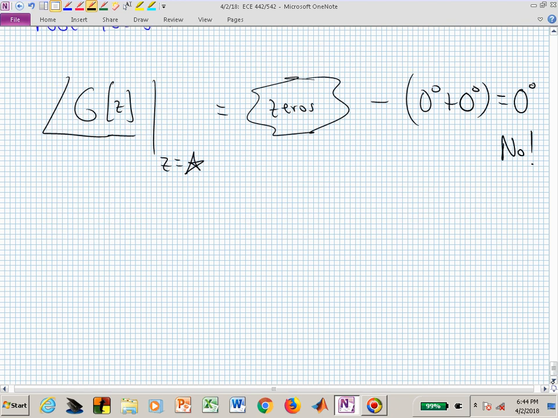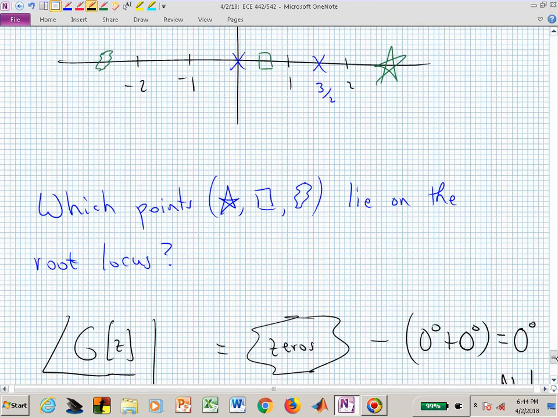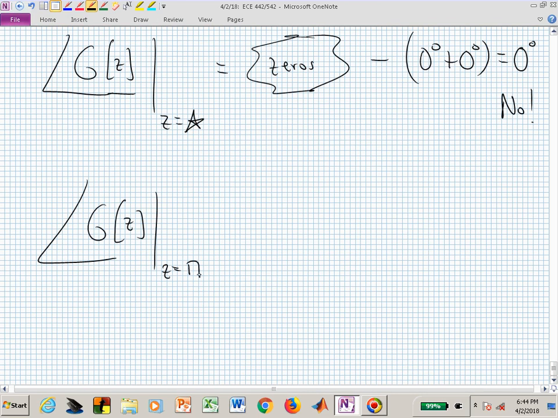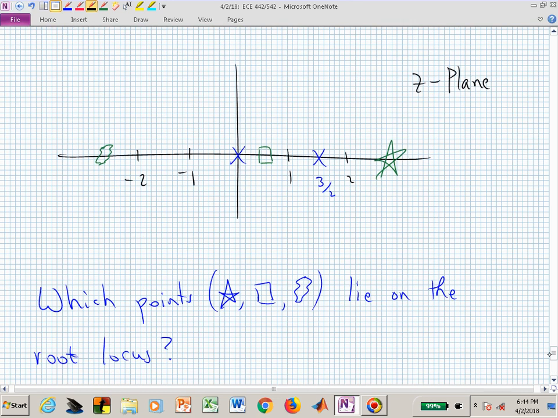What about if we evaluate the angle of G when z is equal to the box? We don't have any zeros, do we? So now I'm at 3/2.